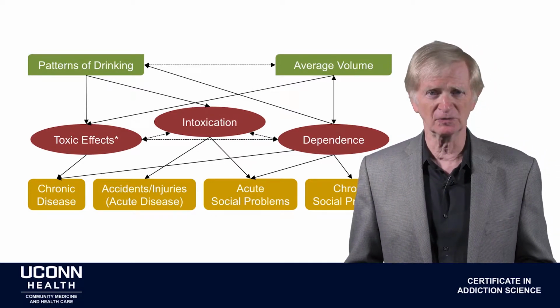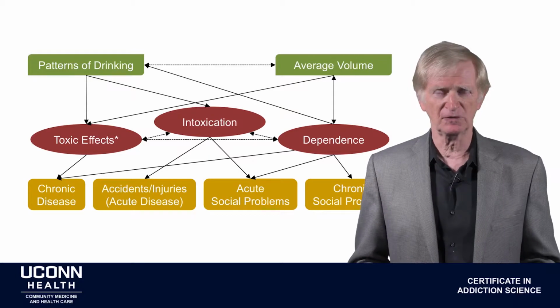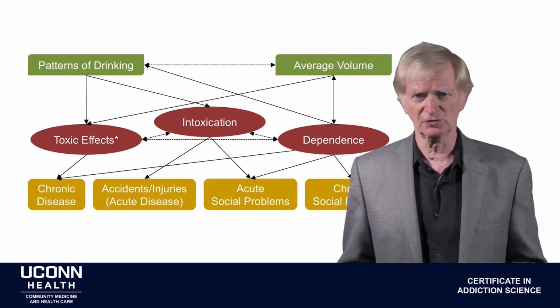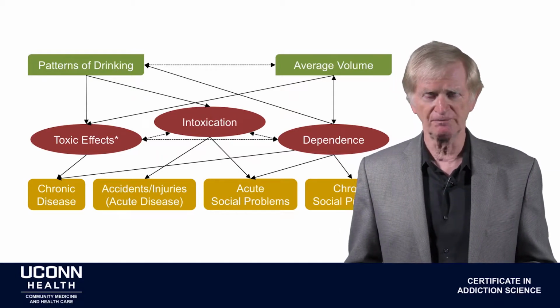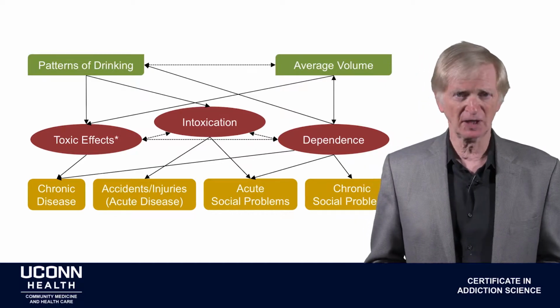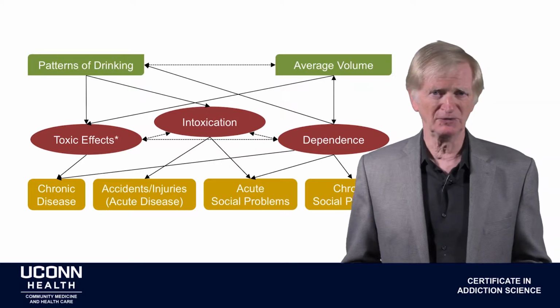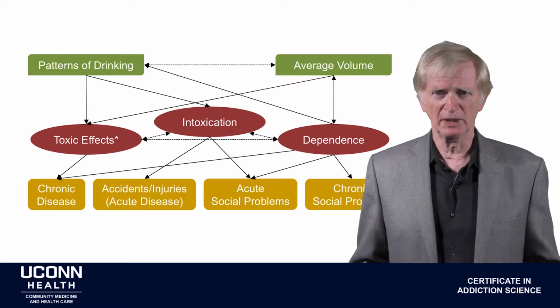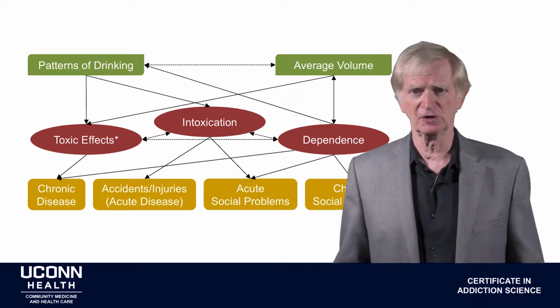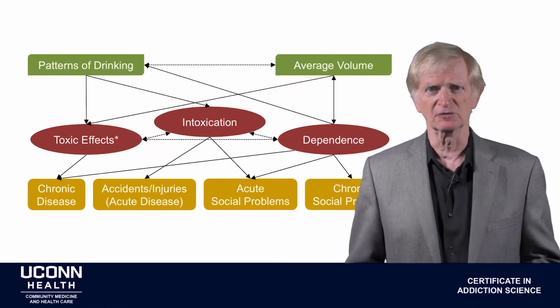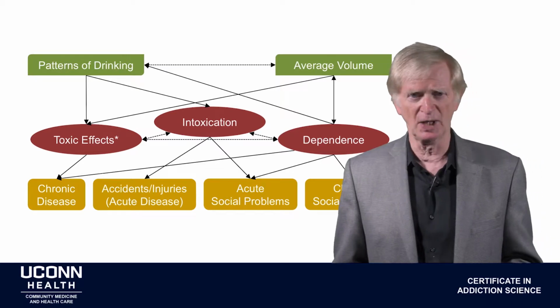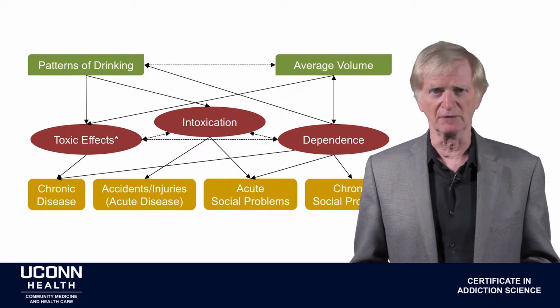The three mechanisms that account for this are the extent to which the drug produces acute intoxication, whether the drug has toxic effect, usually based on chronic exposure, and whether the drug produces the syndrome of drug dependence, which we talked about in relation to alcohol just recently.